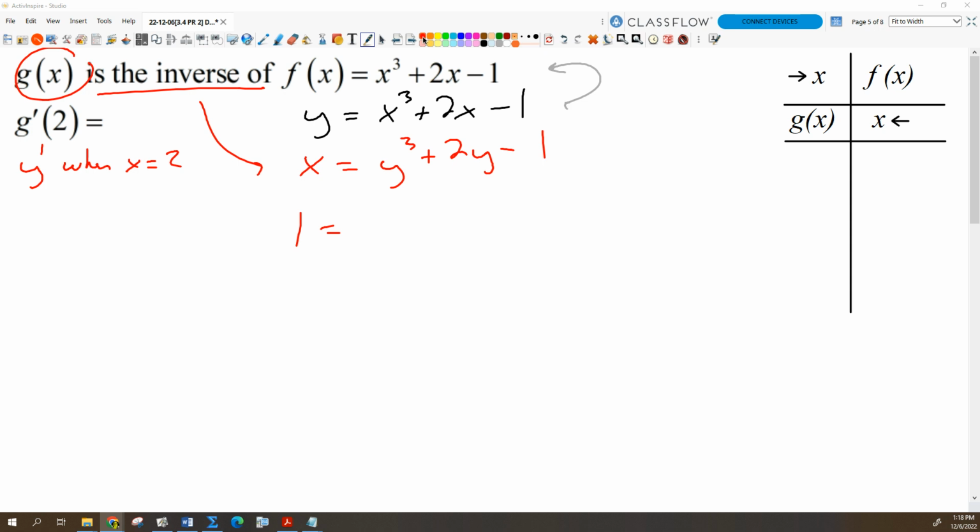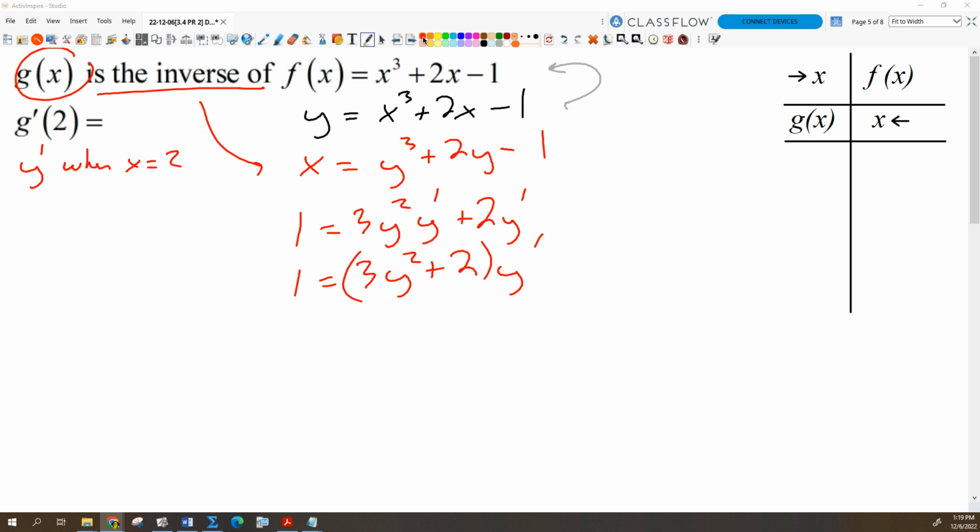Okay, everybody get that? 3y squared, y prime by the chain rule, plus the derivative of 2y, 2y prime, and the derivative of a constant's just 0, right? So if I were to solve that for y prime, I'm just going to divide each side by 3y squared plus 2, right?